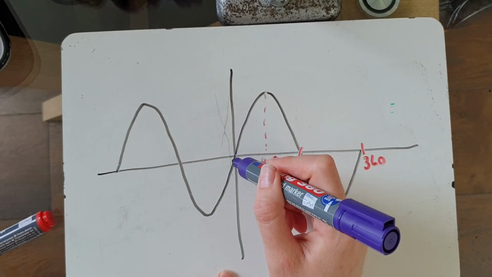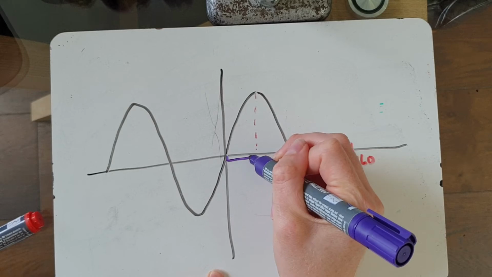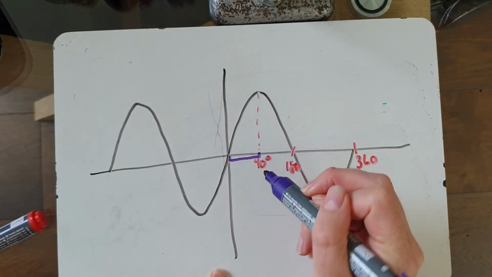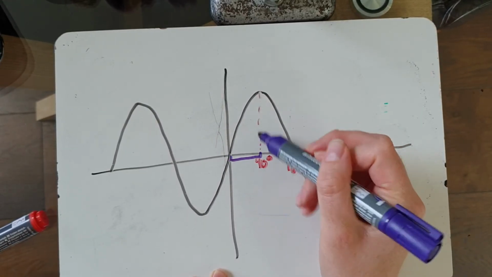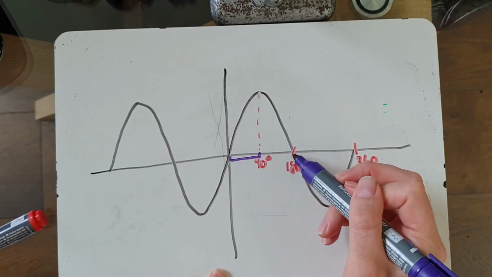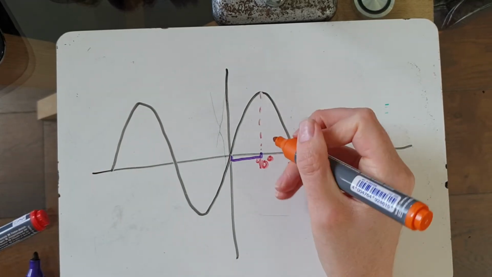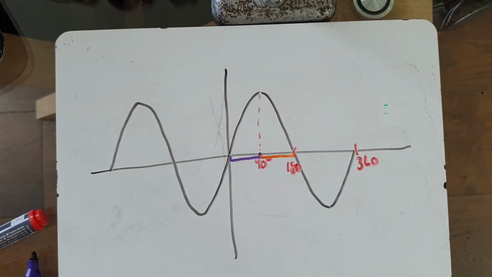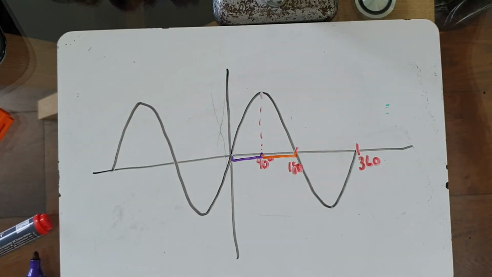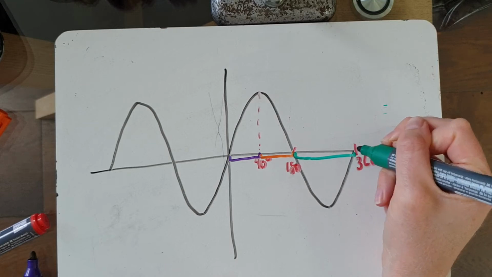The angles here, so if this is the graph y equals sine x, the angles here up to 90 degrees are all acute, and then we get to right angles. From 90 to 180, we've got obtuse angles. And then from 180 to 360, we've got our reflex angles.